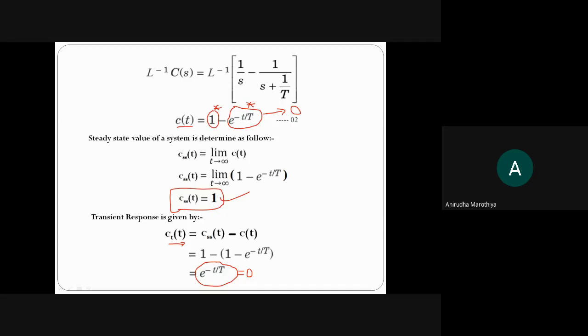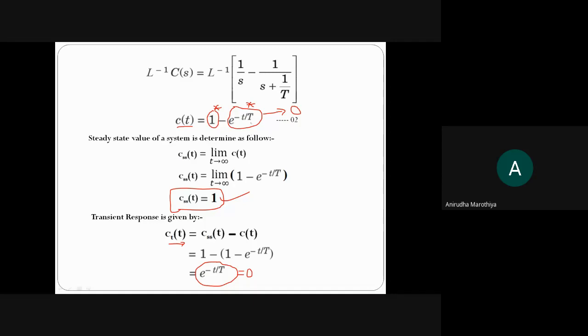Because the transient response is completely vanishing at t tends to infinity, we can say that the system is absolutely stable. And the desired value and the actual value exactly match. So this is what we learned in the last lecture.